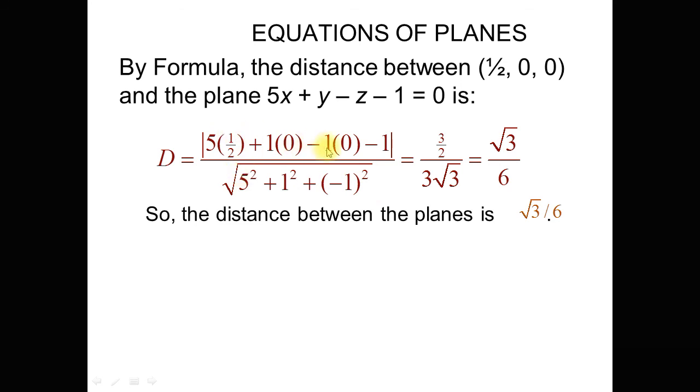So just put the values of the point in place of x, y, z, and the square root of the sum of the squares of the coefficients of x, y, and z. So we can easily calculate the distance between a point and a plane.